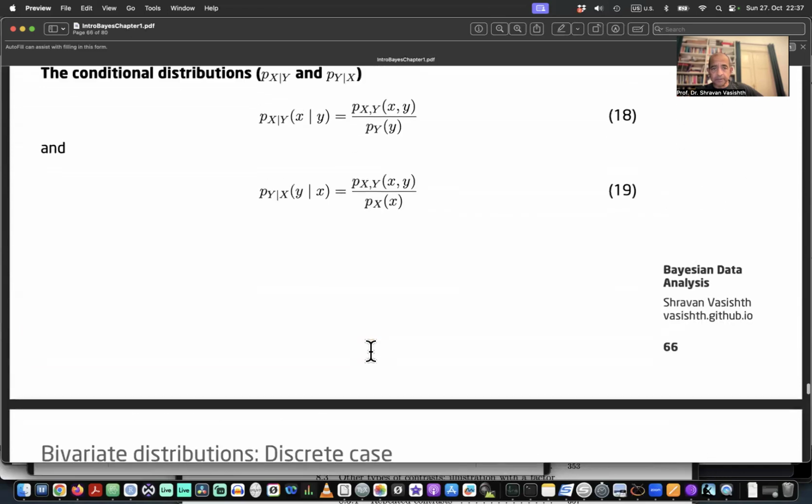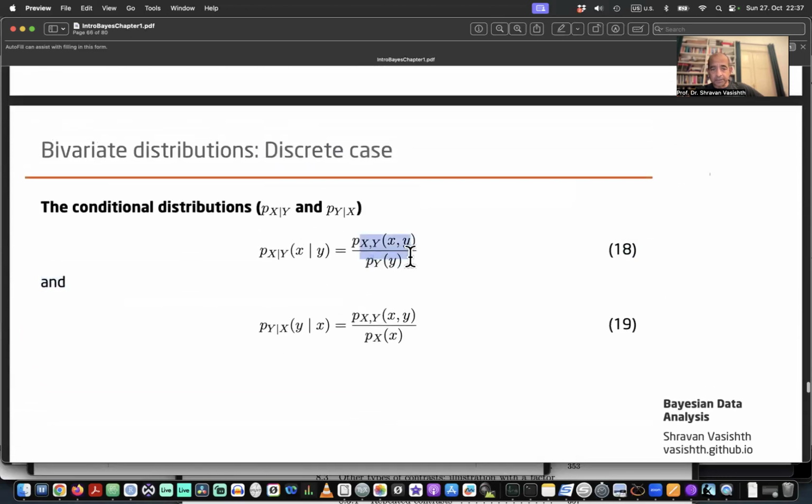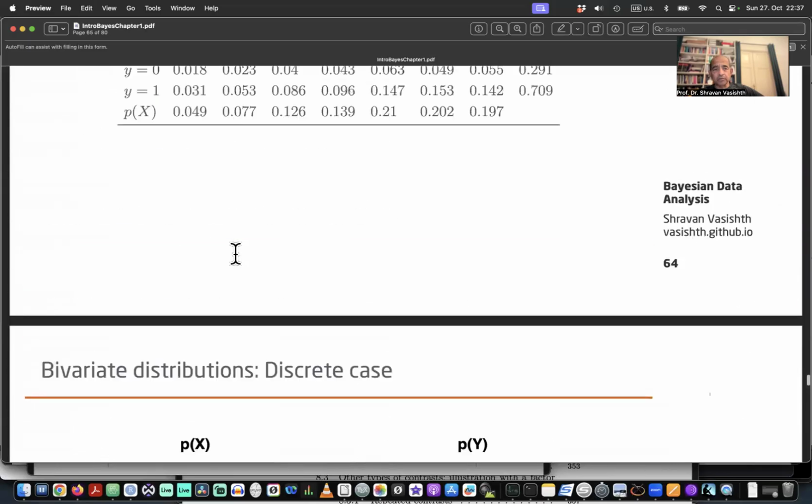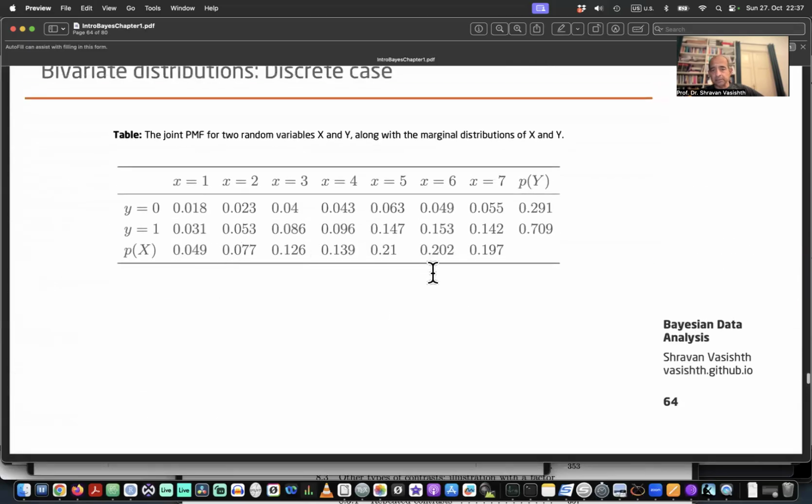Because remember, here we're working with the marginal distribution. So the main point here is that in order to compute a conditional distribution, you need to know the marginal distributions, right? You can't compute the conditional distributions without knowing the marginal distribution. So whenever you're asked to compute the conditional distribution, you have to first figure out the marginal distributions, okay?